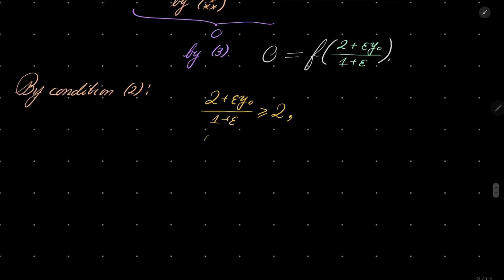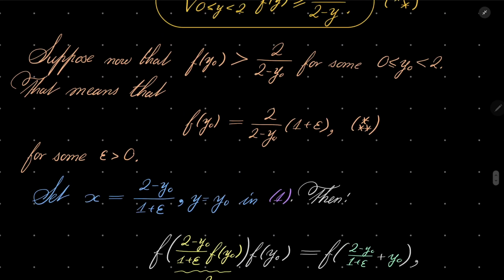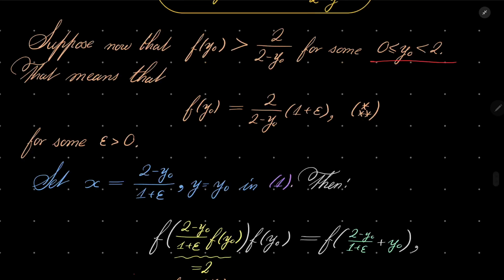And that means in turn that this is true. And finally, y0 is greater than or equal to 2, which is a contradiction because we supposed that our number y0 is strictly less than 2.